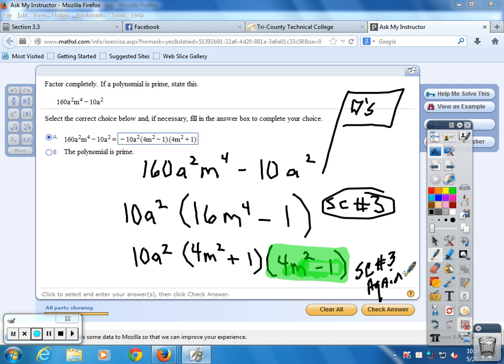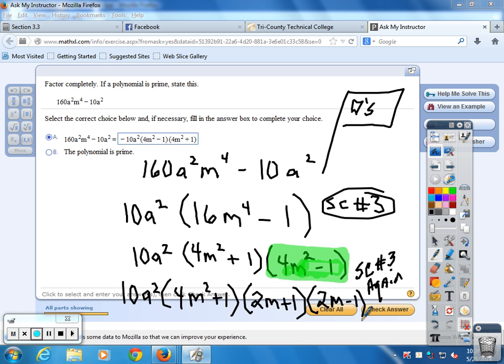And when we do that, take the square root of 4m squared, which is 2m, and the square root of 1, which is 1. So your final answer is 10a squared, 4m squared plus 1, times 2m plus 1, times 2m minus 1. And that is your final answer.